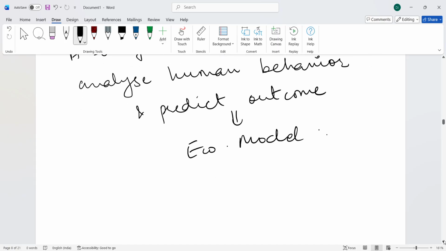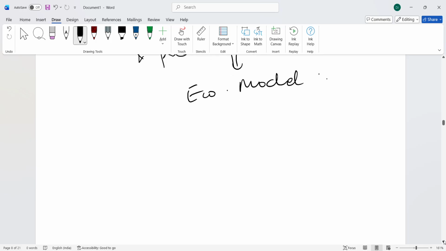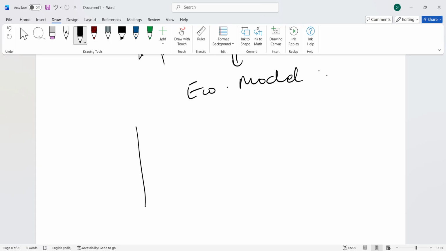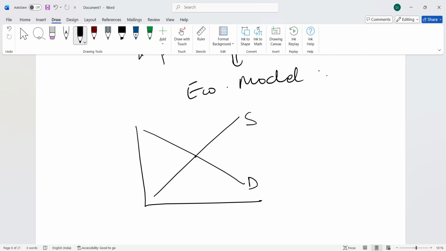So a very simple example that I would give you for this is when we will be studying, further down the course, demand and supply, let's say. So that's my demand and that's my supply. I say ceteris paribus, that is, other things remaining constant. Otherwise, your demand and supply both are affected by lots and lots of other factors.